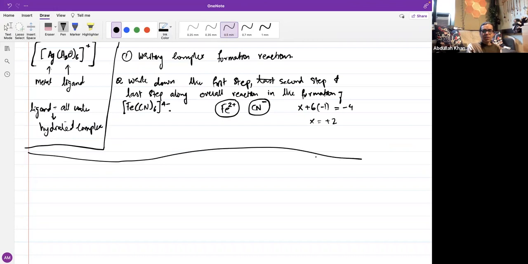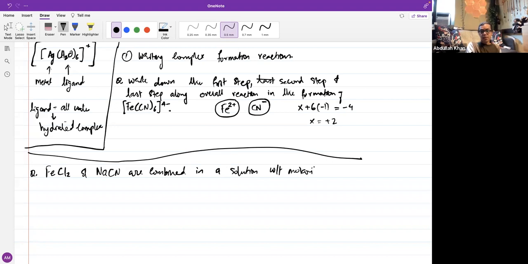Now let's do some ice table questions with this. FeCl2 and NaCN are combined in a solution with molarities.